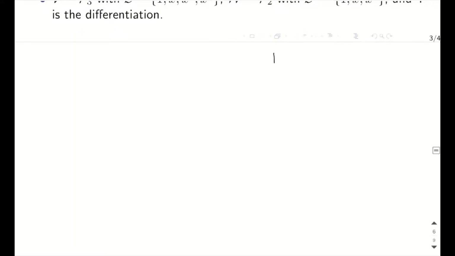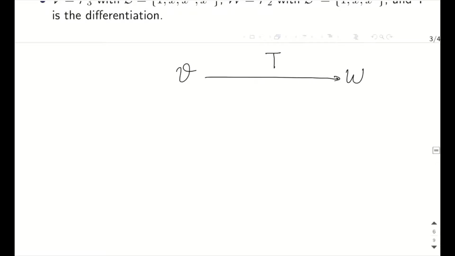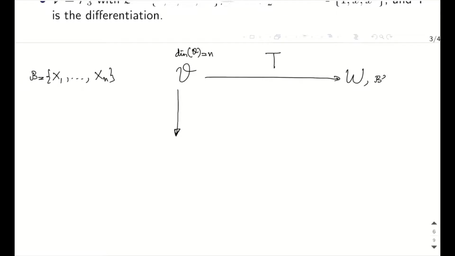So you have T being the transformation from V to W, right? In V, you have a basis B. Because it's n dimension, you can write x1, x2, dot dot dot, xn. In W, we have another basis B prime. Because the dimension of V is n, we can always identify it as Rn, the coordinate vectors.